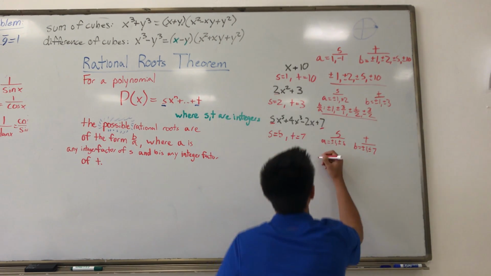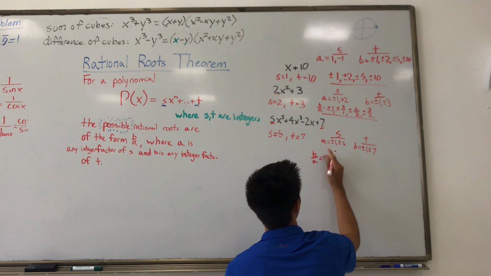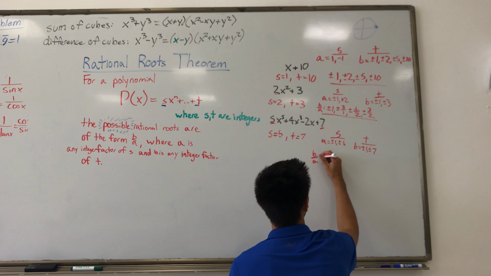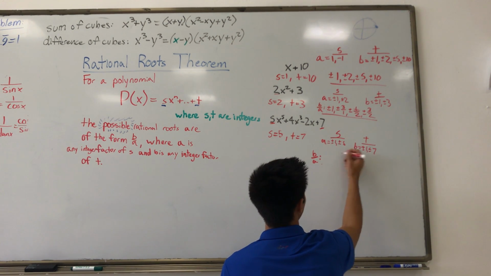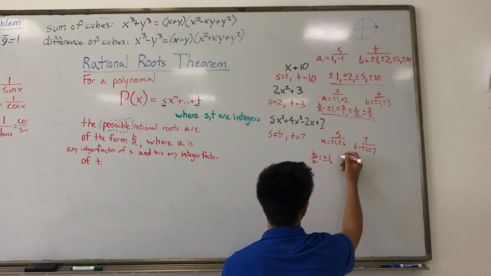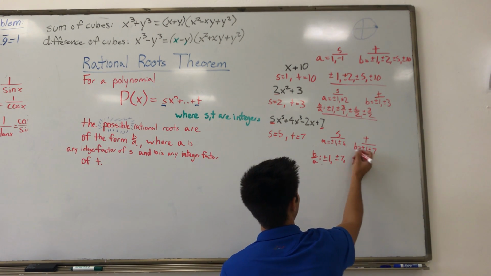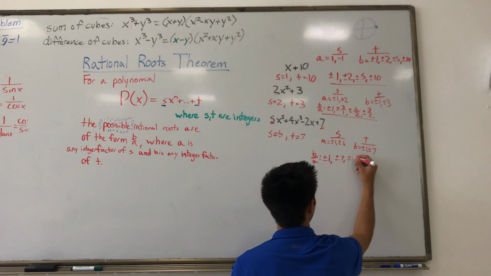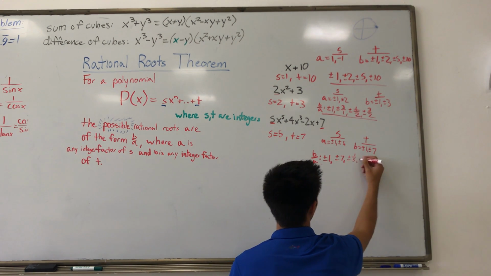So the possible rational roots for this function, the possible ones, not all of them, this doesn't tell us the rational roots, it just tells us the possible ones, are going to be plus or minus 1 over 1, which is 1, plus or minus 7 over 1, which is plus or minus 7, plus or minus 1 over 5, and then plus or minus 7 over 5.